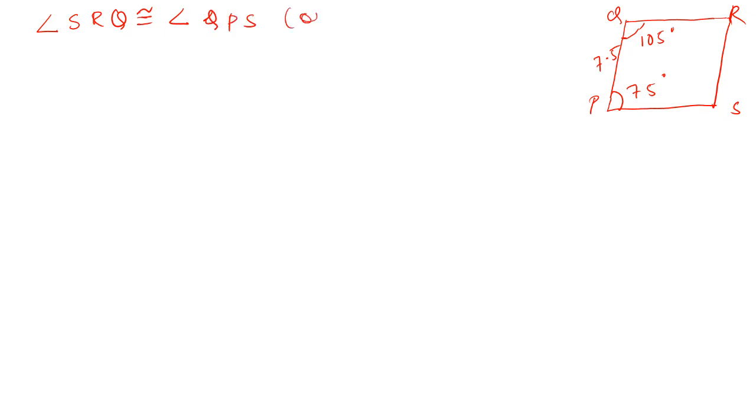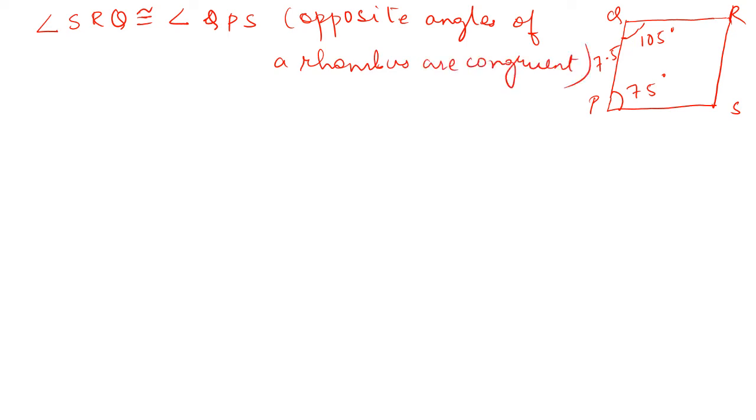Why? Because opposite angles of a rhombus are congruent. Okay. Therefore angle SRQ is equal to 75 degrees.